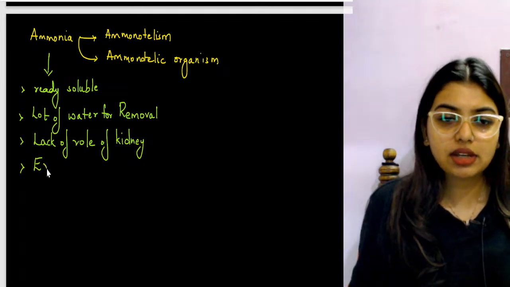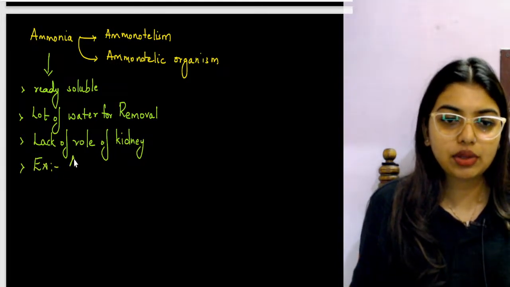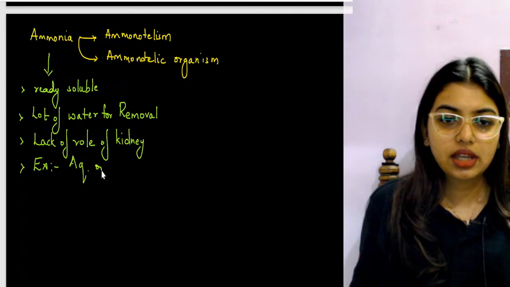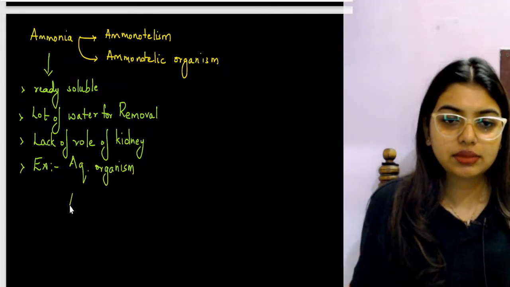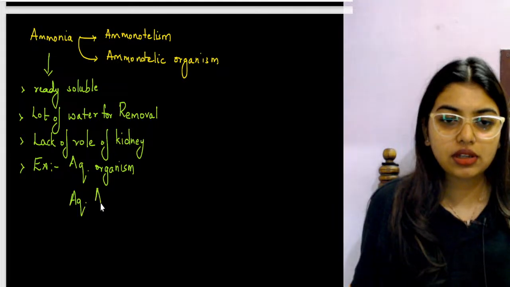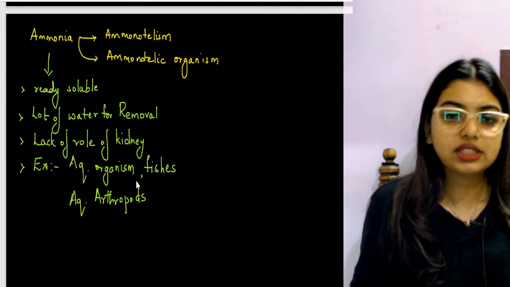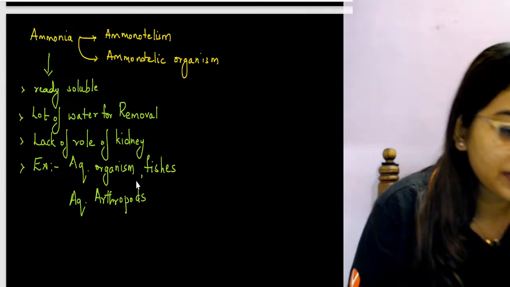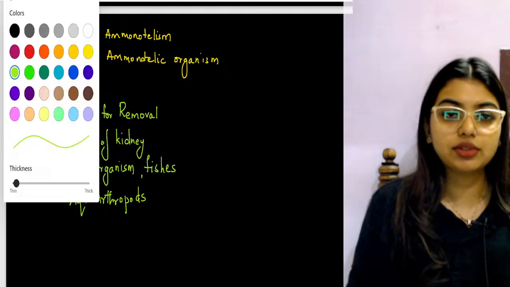The examples are going to be all the aquatic organisms, including aquatic arthropods, fishes. All of these are going to excrete out ammonia.